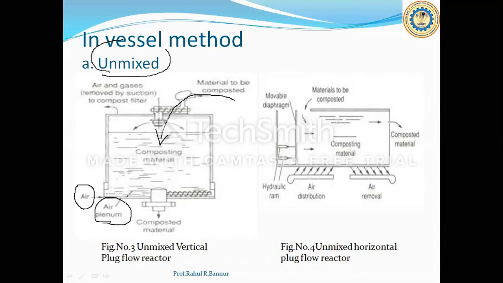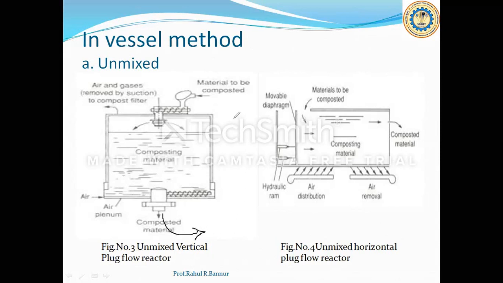Afterwards the air is taken out of the vessel to make it anaerobic, and the top of the vessel is closed. At the end of the reaction, we get the compost material from the bottom.